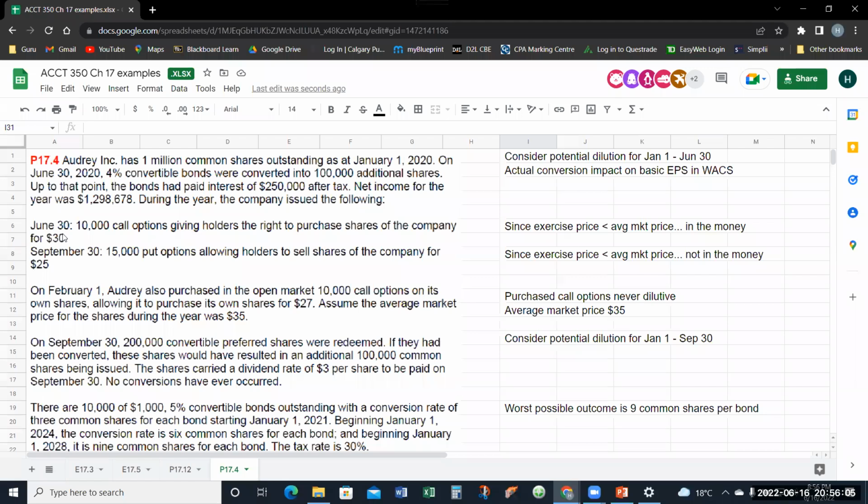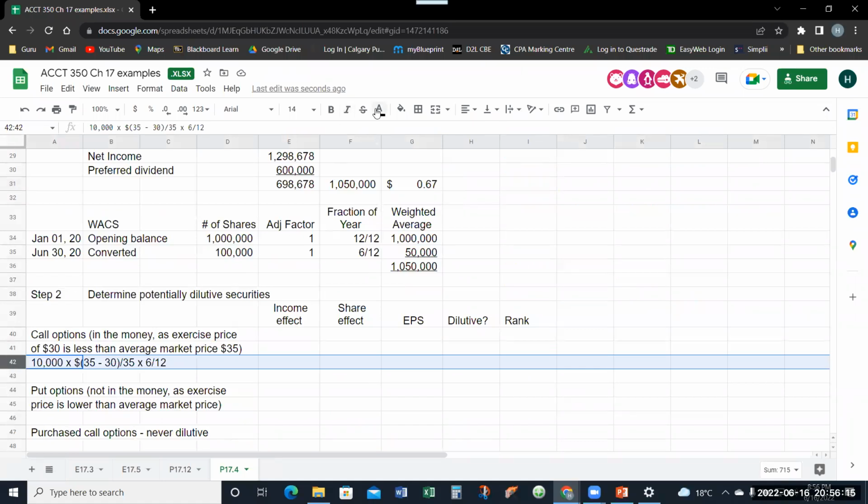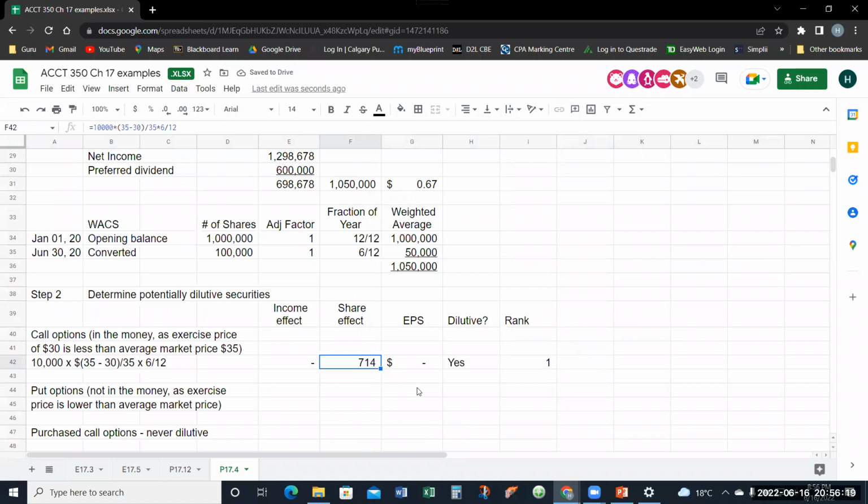They were outstanding for half a year, so you have to prorate for the 6 months. That works out to a share effect of 10,000 times 5 over 35 times 6/12, which is 714 shares. Incremental EPS is 0. Compare that to 67 cents.